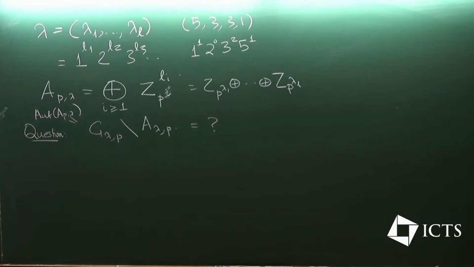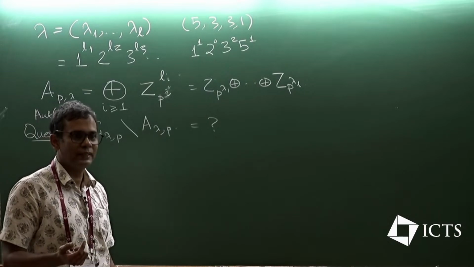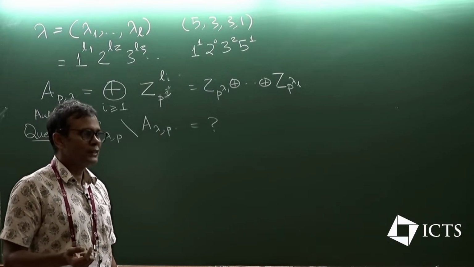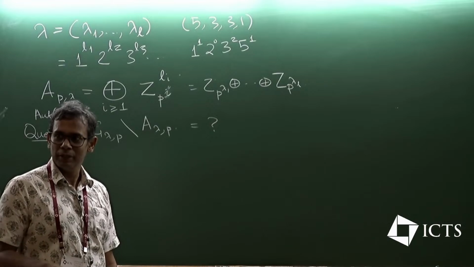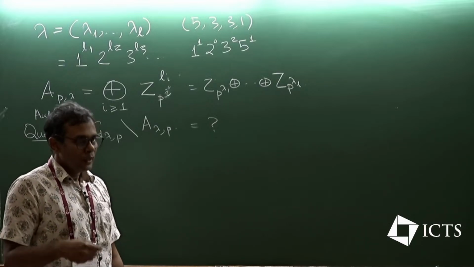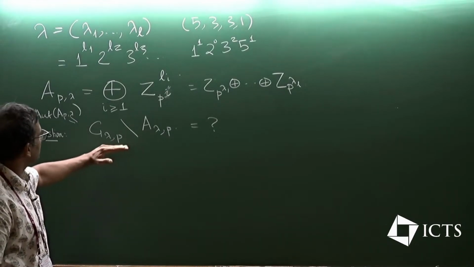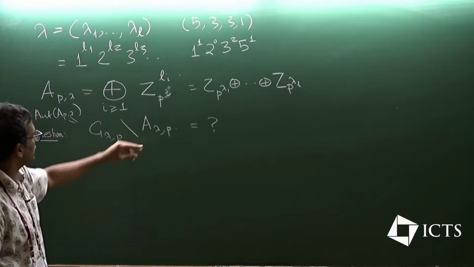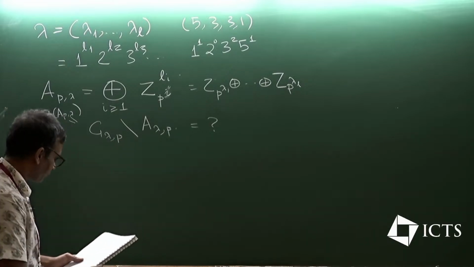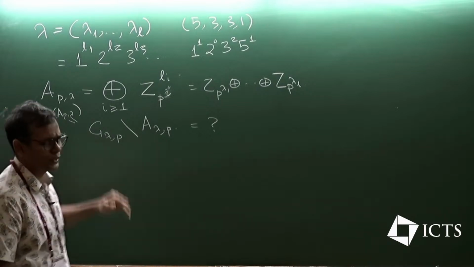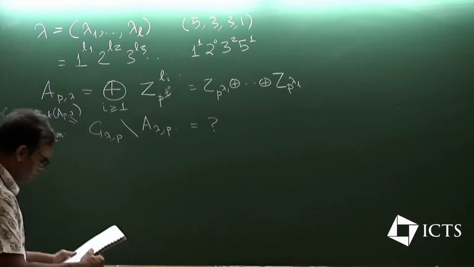For example, if you take lambda to be 1, 1, 1, 1, 1, then you're looking at an elementary abelian p-group, or just a vector space over the field with p elements. Then there are only two kinds of elements really. You can map any non-zero element to any other non-zero element, and there's zero. But in general there are several orbits, and we're going to see how to think about them, and then how it's related to counting subgroups of finite abelian groups.